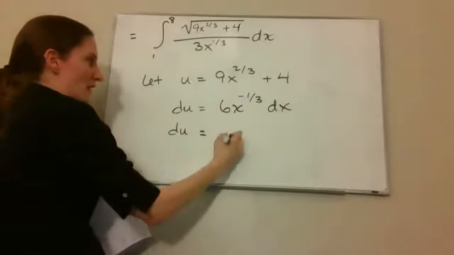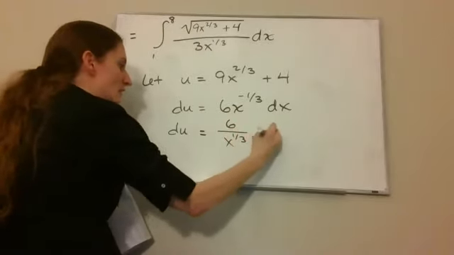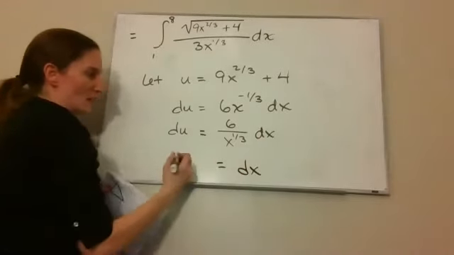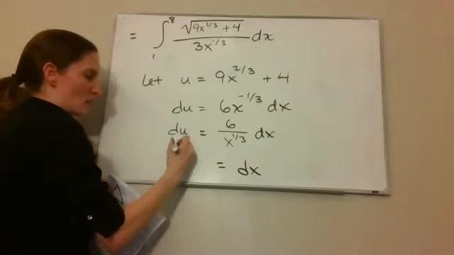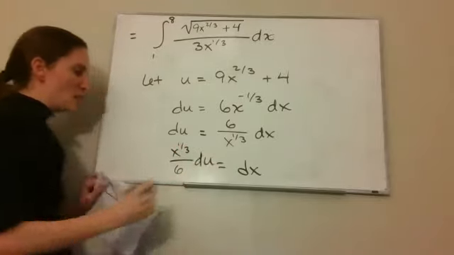That's the same thing as 6 over x to the 1/3 dx, which means my dx is equal to x to the 1/3 over 6 du.